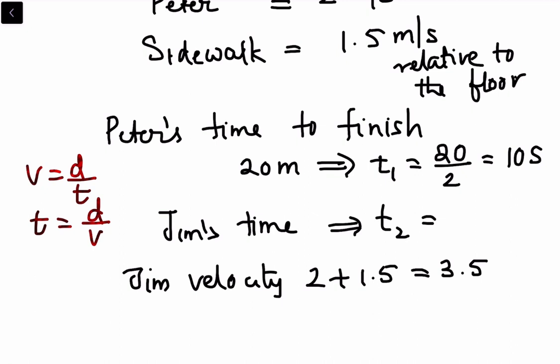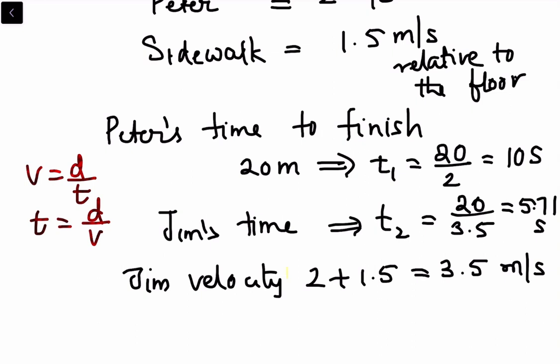So 2 plus 1.5, which is 3.5 meters per second. Therefore, Jim's time, let us take as T2, is equal to 20 divided by 3.5, that comes around 5.71 seconds, because it is a relative velocity.